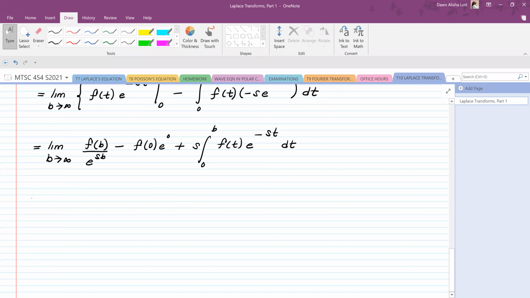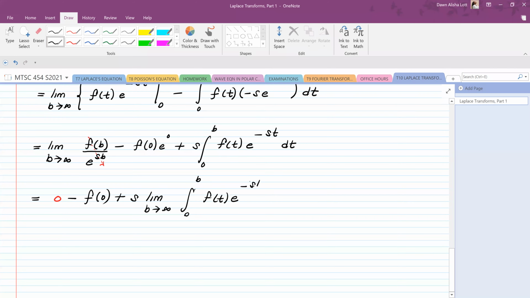Okay, so now this term is going to go to 0. Then I'm going to get minus f of 0, and then plus s times the limit as b approaches infinity of the integral from 0 to b of f of t e to the minus st dt.